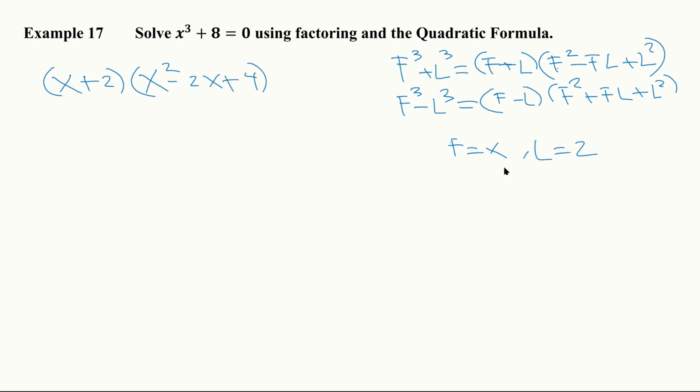What's 2 squared? That's 4, okay? Equals 0. So if I go ahead and apply the zero factor property now, I get either x plus 2 is 0 or x squared minus 2x plus 4 equals 0, right?